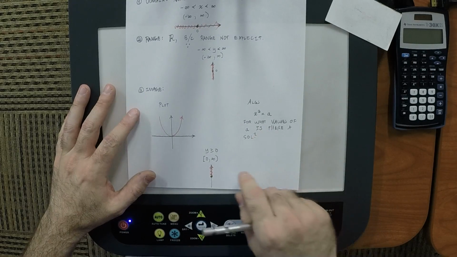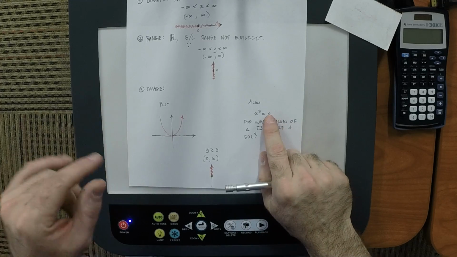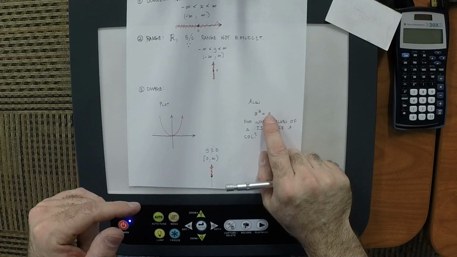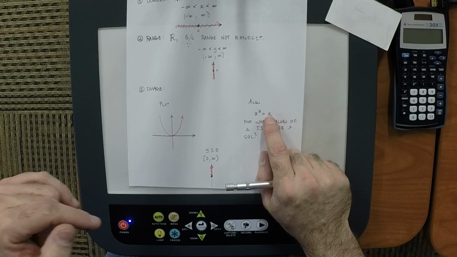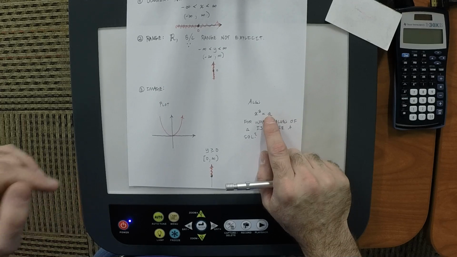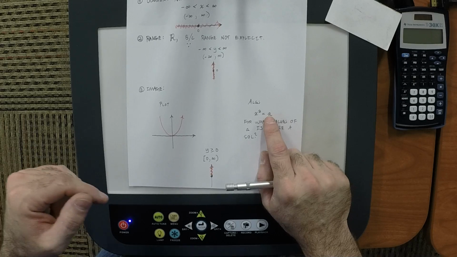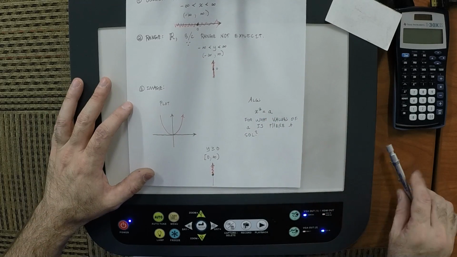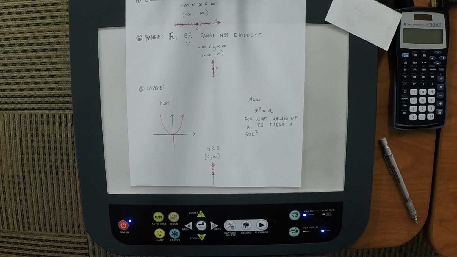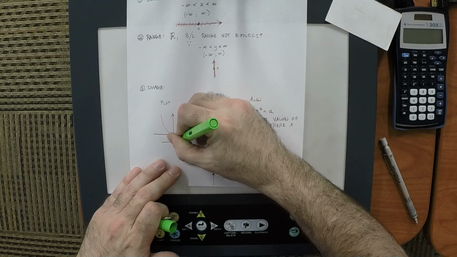And the answer is, well, there's a solution if a is 0. The answer is 0. And there's 2 solutions if a is positive. For example, if a is 9, the 2 solutions are -3 and +3. It's the same question as this.